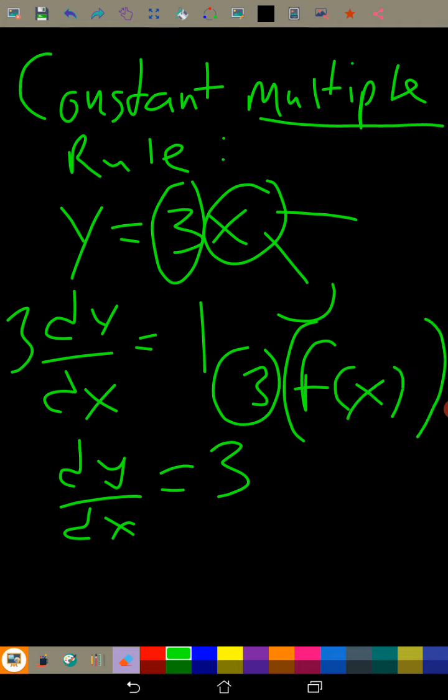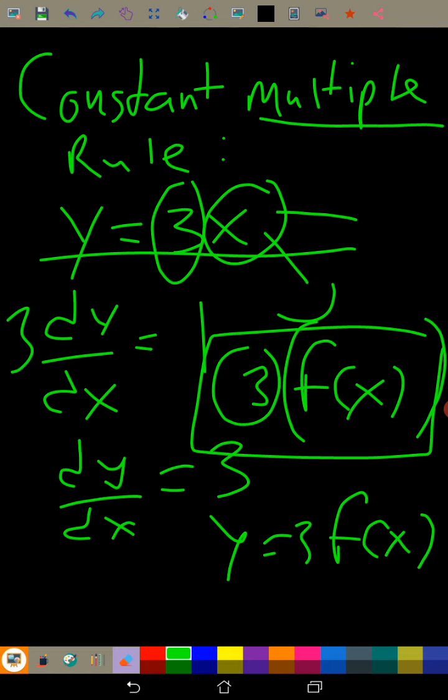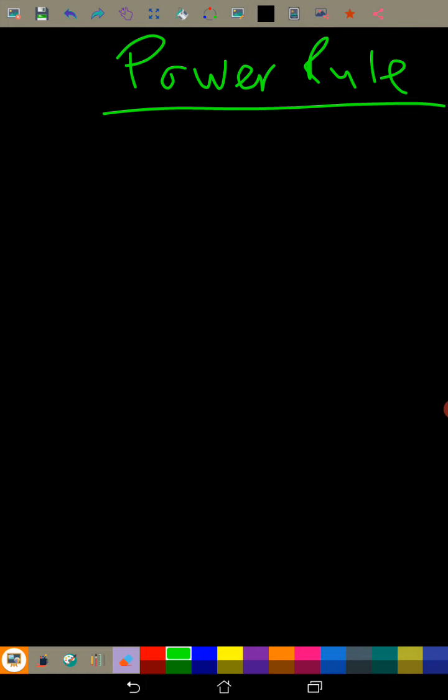Let's say that we have y is equal to 3f(x), then dy by dx is equal to 3 times f'(x). Usually it does not bother me to leave it here, but there is this kind of rule. If you want to learn it, you can learn it. I didn't learn this. It's just natural.